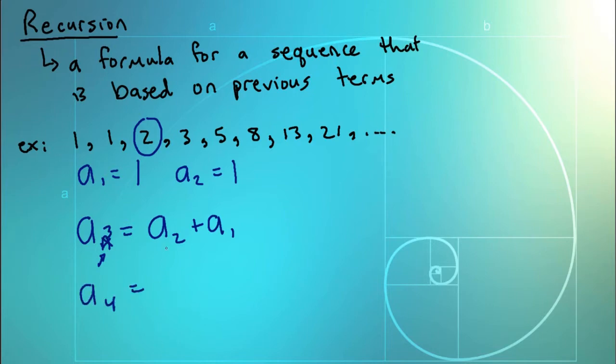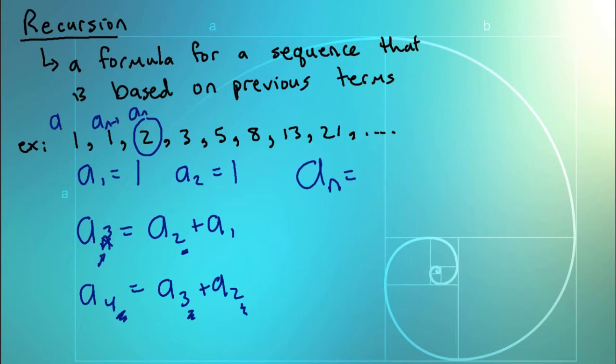That's going to be A3 plus A2, and hopefully you're seeing a pattern with all these subscripts right here. So if I wanted to do n, well, it's the previous two terms. So if this is a sub n, then this is a sub n minus 1, and this is a sub n minus 2. So I could write this formula as a sub n minus 1 plus a sub n minus 2.